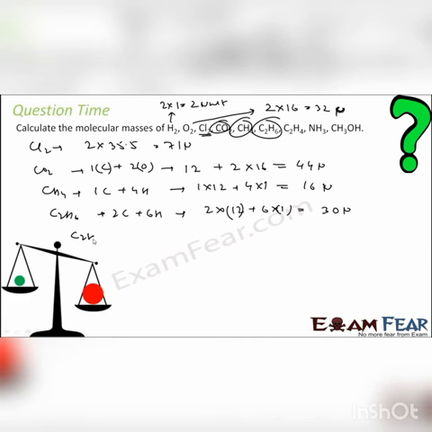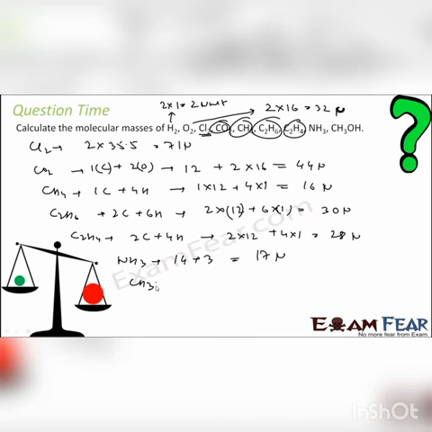C2H4, 2 carbon plus 4 hydrogen. Solve this, 2 into 12 plus 4 into 1, 28 units. NH3, nitrogen is 14, hydrogen 3, 14 plus 3 is 17 units.